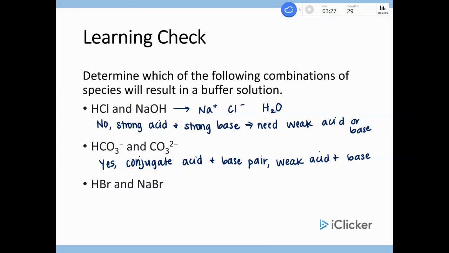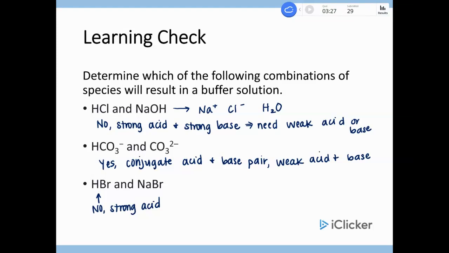HBr and NaBr. Hydrogen bromide, this is a strong acid. They are conjugate pairs. They differ by one H plus, but HBr is a strong acid, so that can't create a buffer solution. It'll fully ionize, and in solution, you'd have 0 hydrogen bromide molecules.